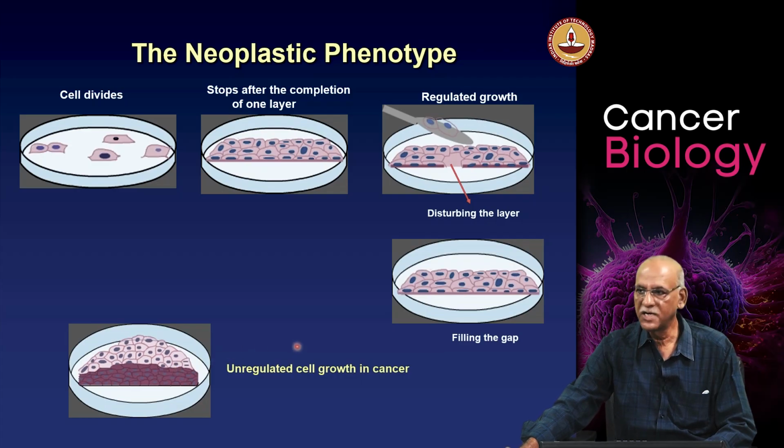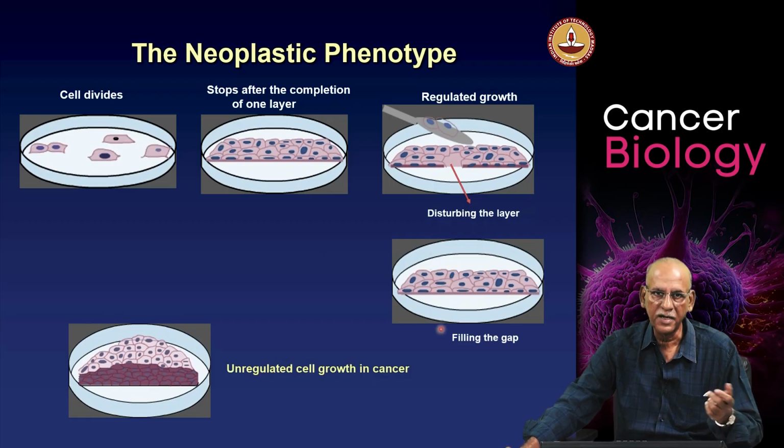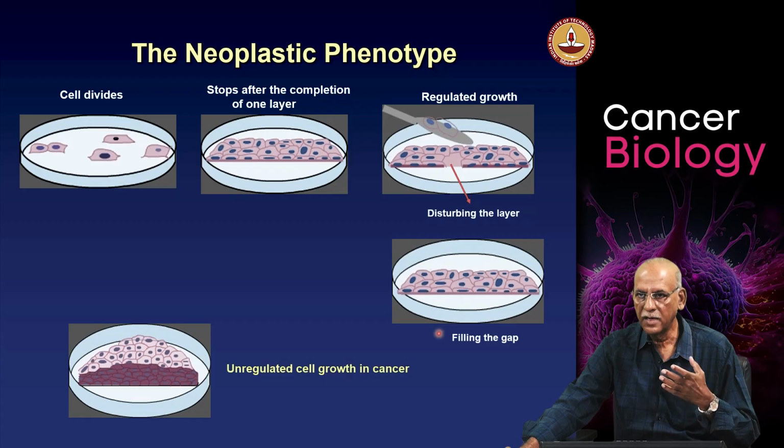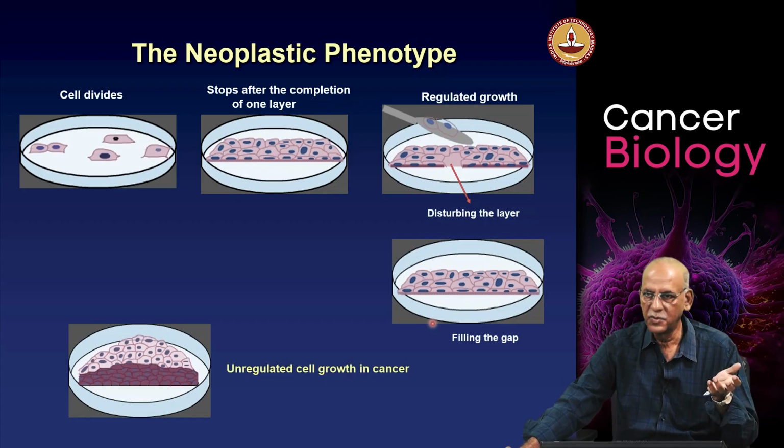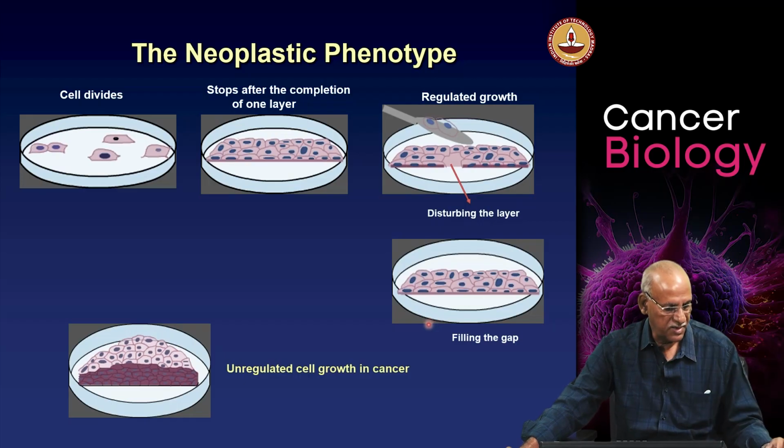If they are normal cells, the moment they come in touch with the other cells and fill the petri dish, they do not grow more than that. That is known as contact inhibition. Cancer cells do not have that; we call it loss of contact inhibition, and so they can grow one over the top of another, which is not the case with normal cells.